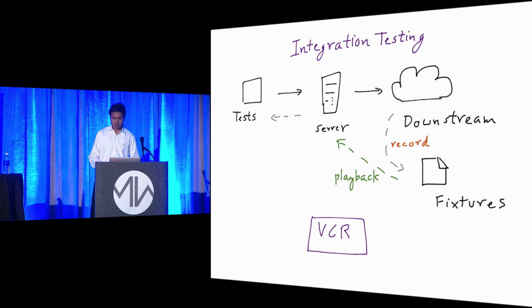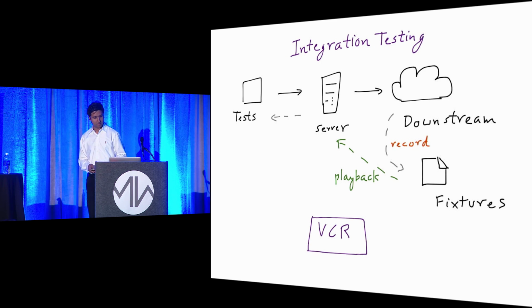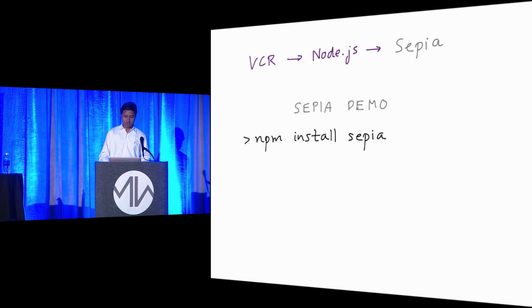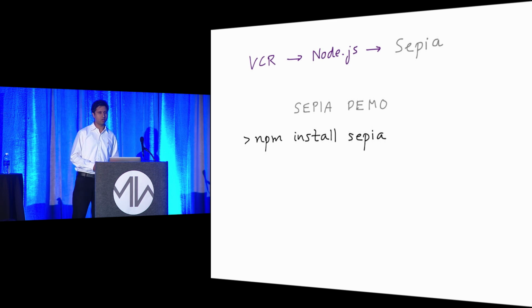This particular concept is actually pretty common, and there's a popular module called VCR, which lets you do this. It's an open source GitHub module, and it supports many HTTP libraries to do this on the fly, and it's really useful. At LinkedIn, since we were using Node.js as our mobile server, we actually built a VCR-like module for Node.js, which is called Sepia. And others are very similar to this.